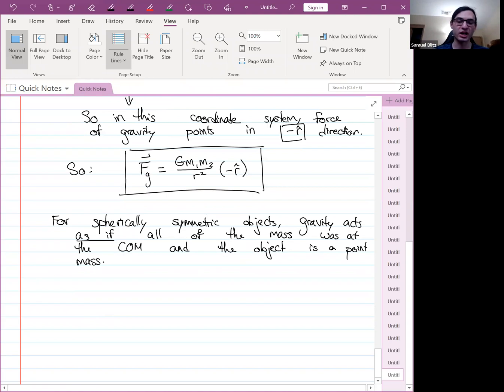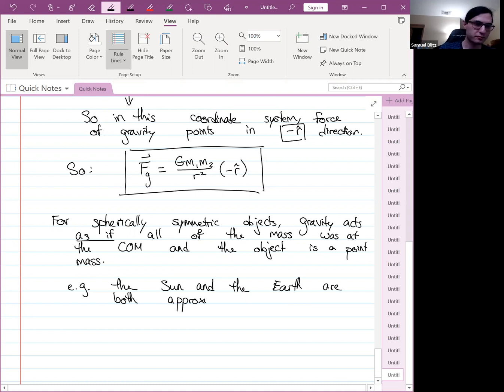So for example, the sun and the Earth are both approximately spherical. And I say approximately, because one of them is an oblate spheroid, for example. Approximately spherically symmetric, rather. So it's a decent approximation.